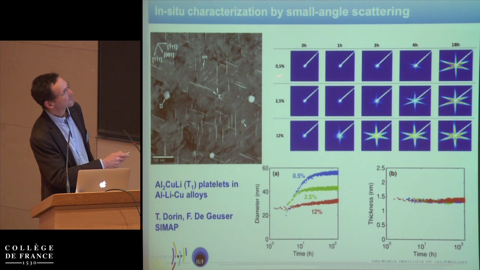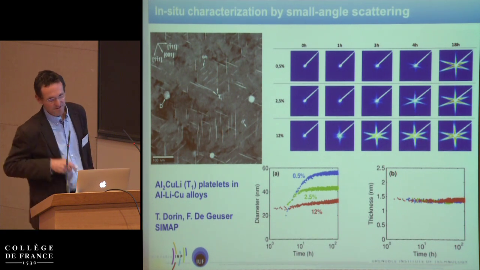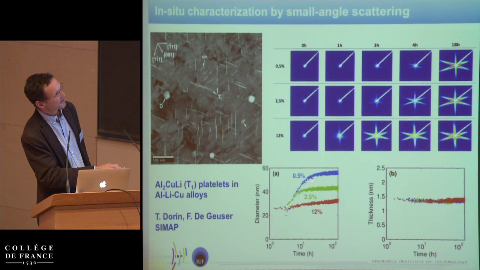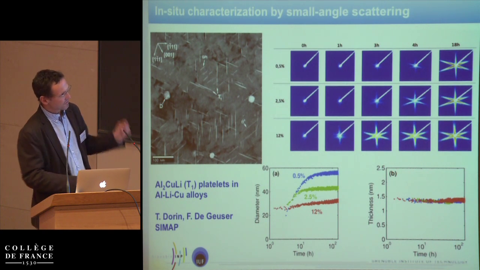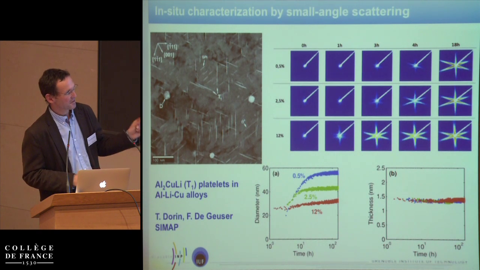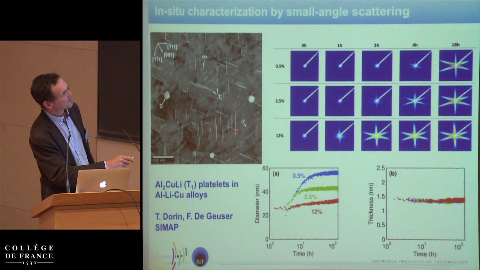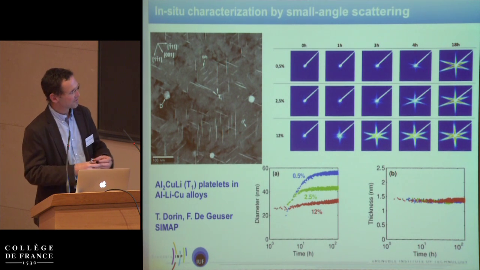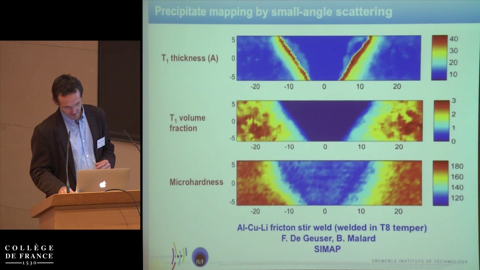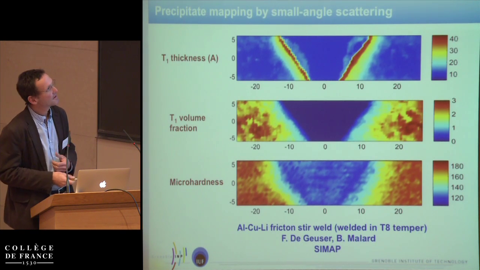These platelets like to nucleate on dislocations. So if you introduce different levels of deformation, you get the same thickness. They're all precisely between 1.2 and 1.3 nanometer in thickness, but different diameters because they are more or less numerous and grow to different sizes. And these, you can map.